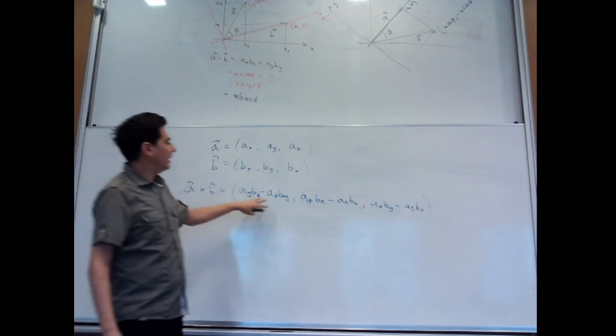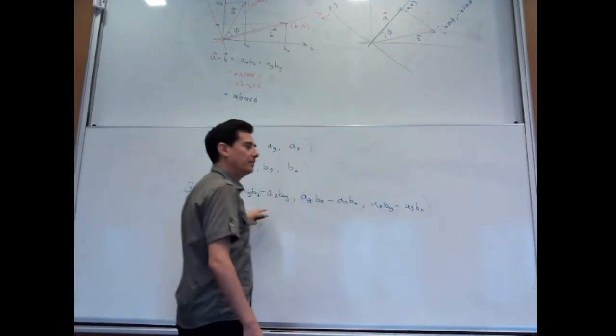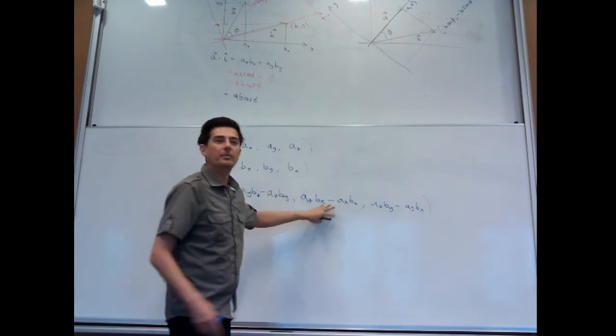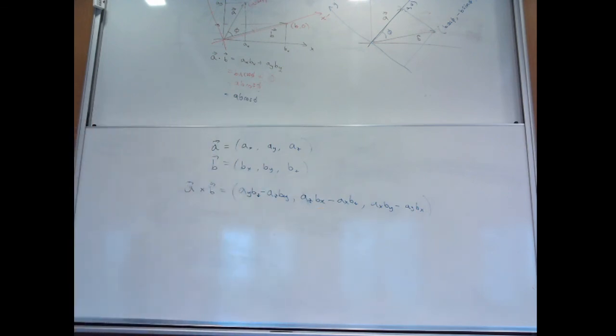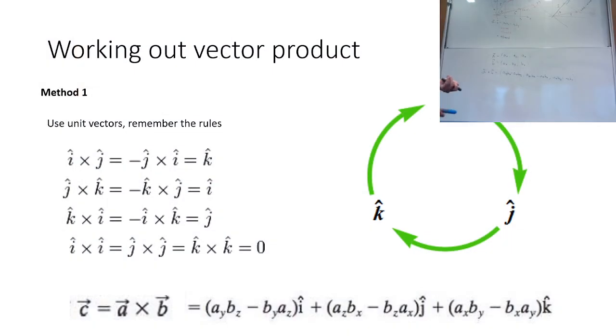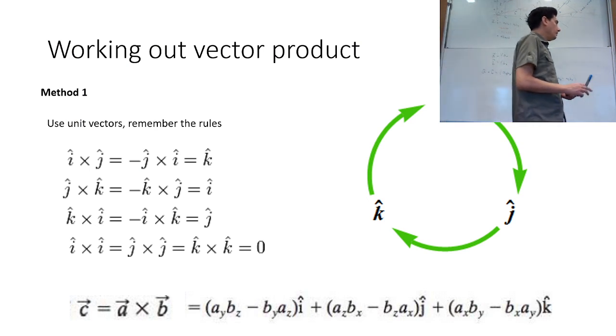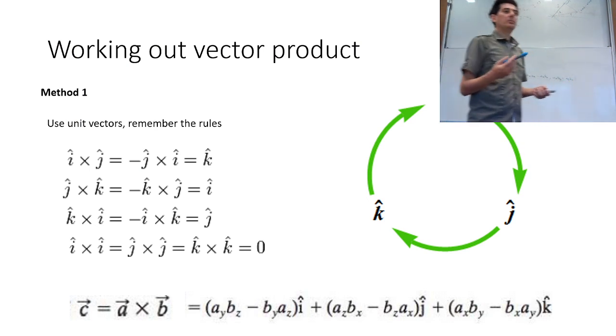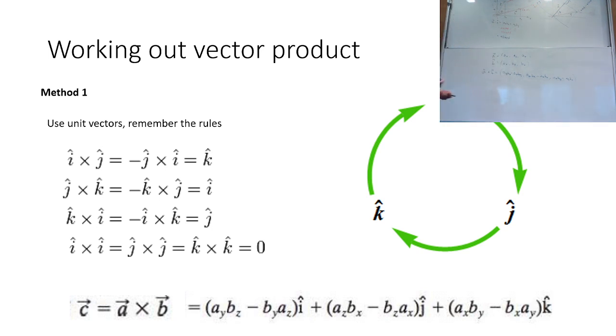Now, I can hardly remember this rule, so I have to sort of peek at the answer sometimes to make sure that I'm getting it right. Here's where the unit vectors are actually kind of useful. In my opinion, this is why we use unit vectors in the first place.